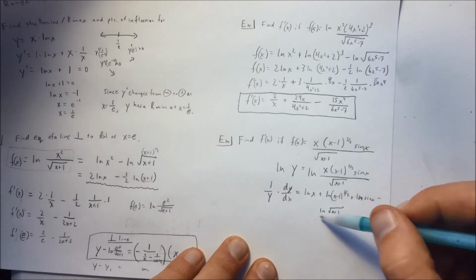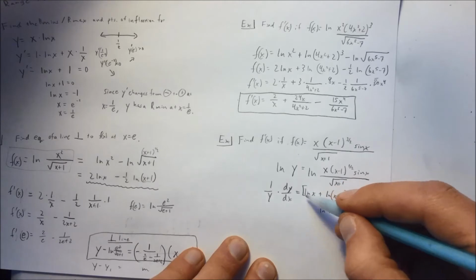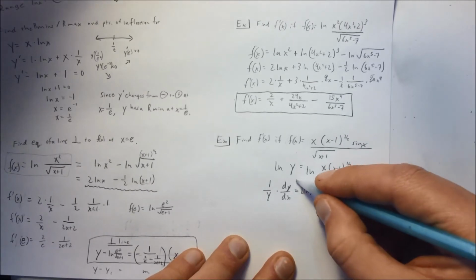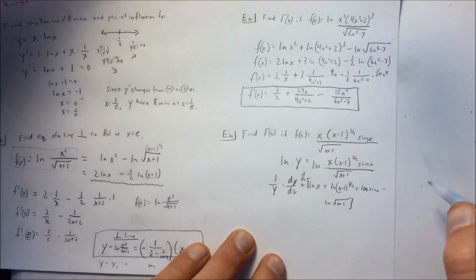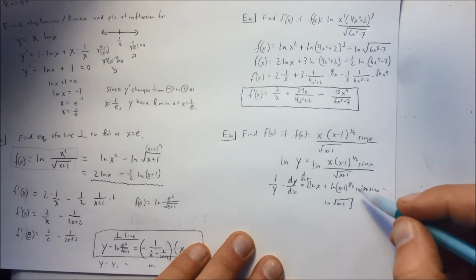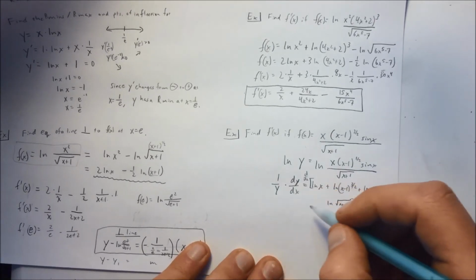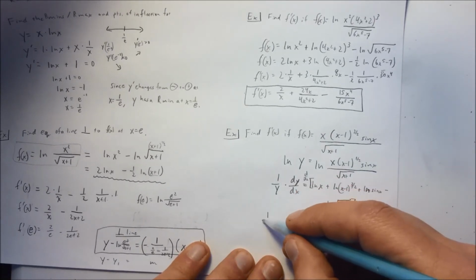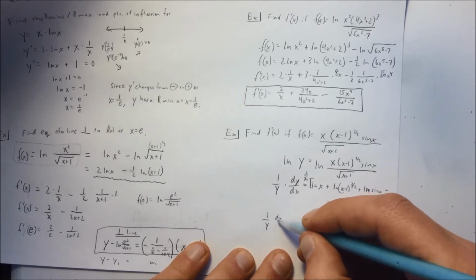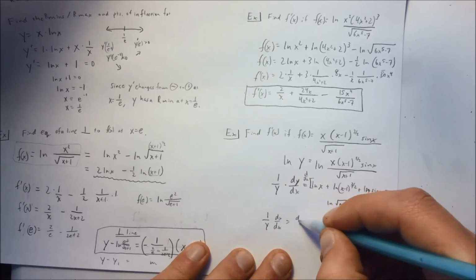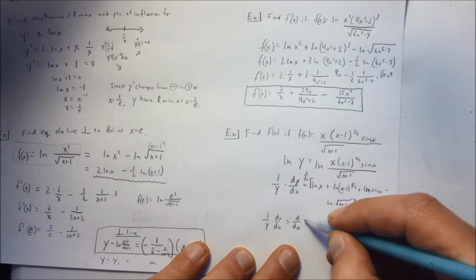Now, I simplified this side. I still have to take the derivative of this. But I'm going to go ahead and continue to simplify this. Still haven't taken the derivative. That's okay, though.